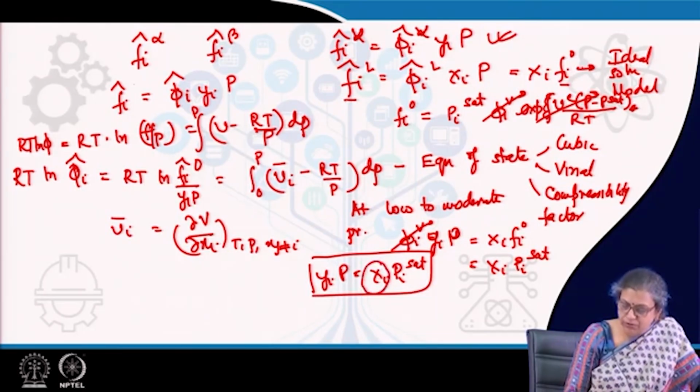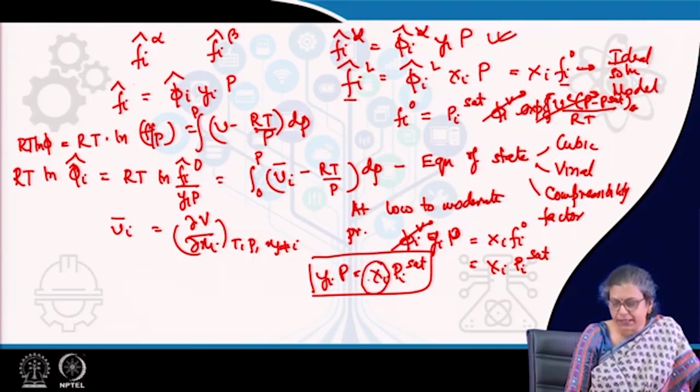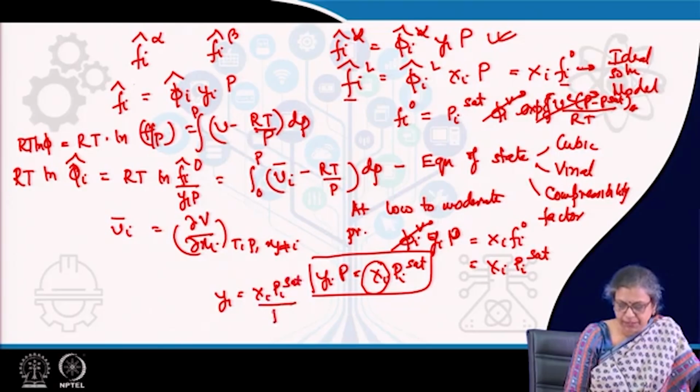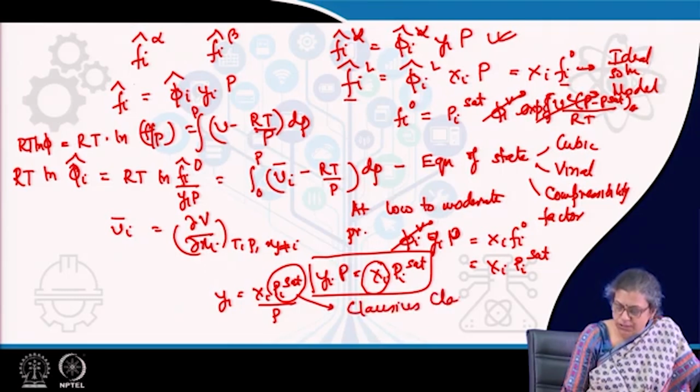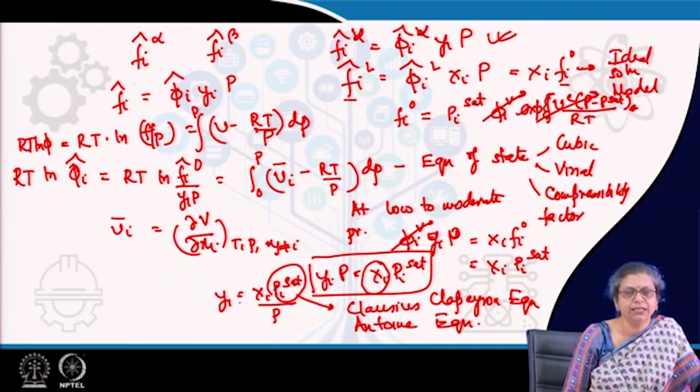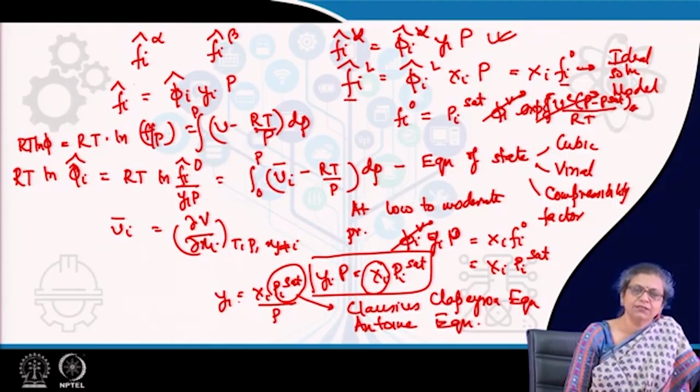If you know any particular x, what is the y in equilibrium with that x? The y in equilibrium with x corresponds to x_i P_i saturated by P, and this P_i saturated we can find either from the Clausius-Clapeyron equation or from the Antoine equation. We can construct the different curves corresponding to VLE data, which we are going to discuss in the next class.